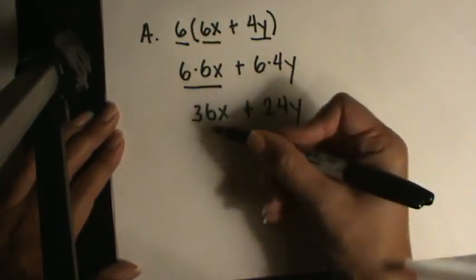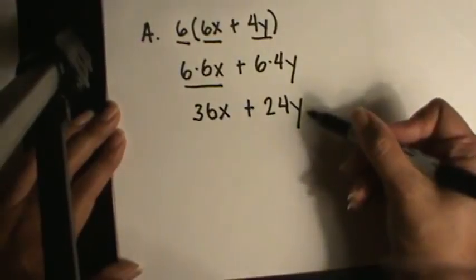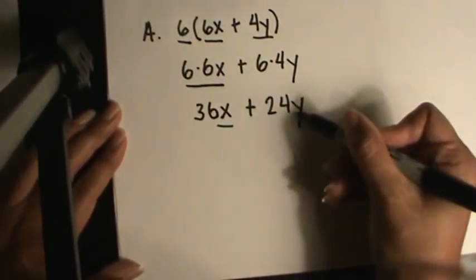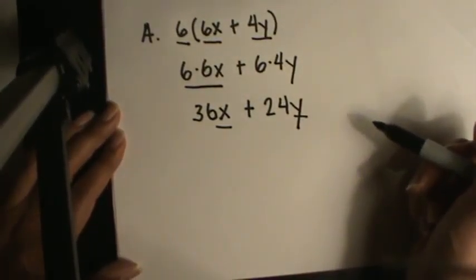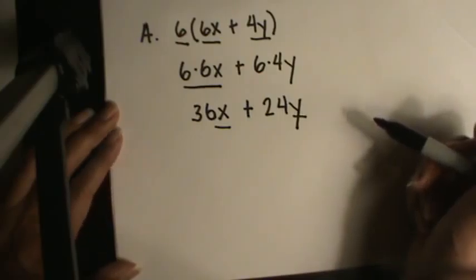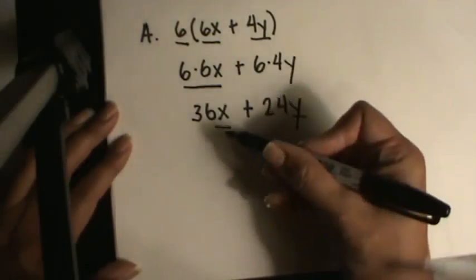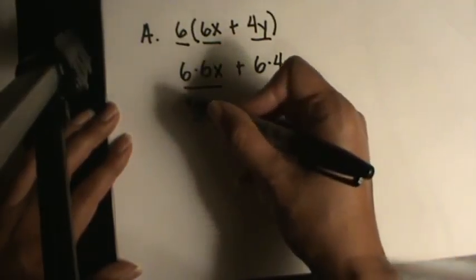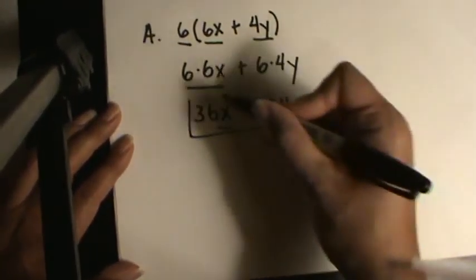I must see if there are any like terms. Like terms means that they have the same variable parts. Are there any variable parts that are the same, I ask myself. No. Since there are no parts that are the same, I have no like terms. I am done simplifying.